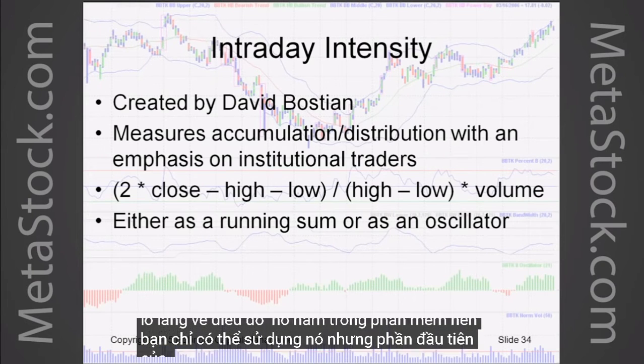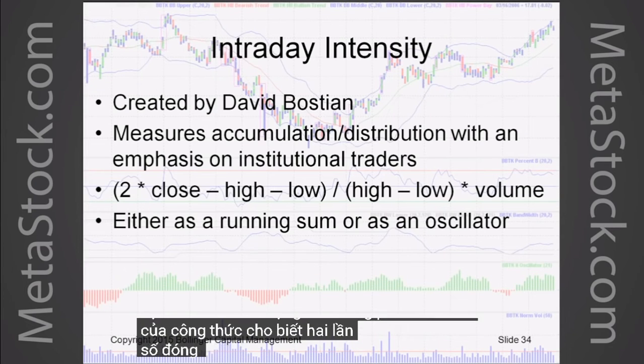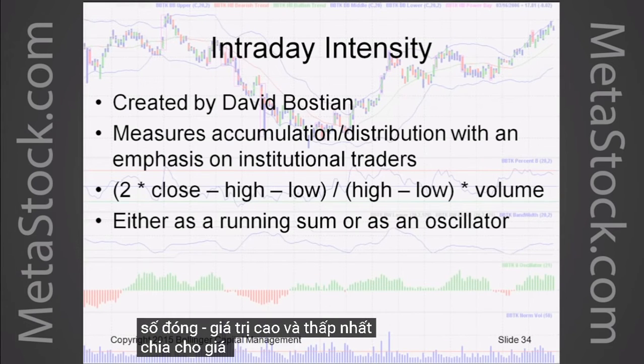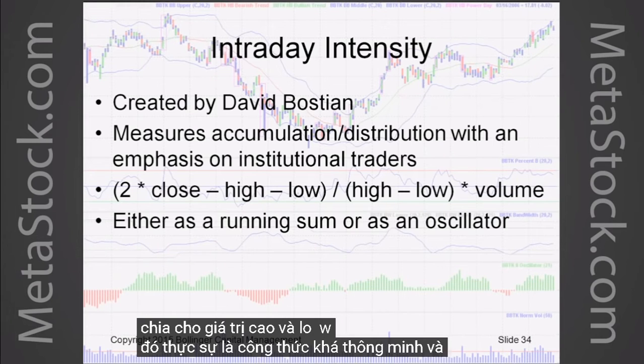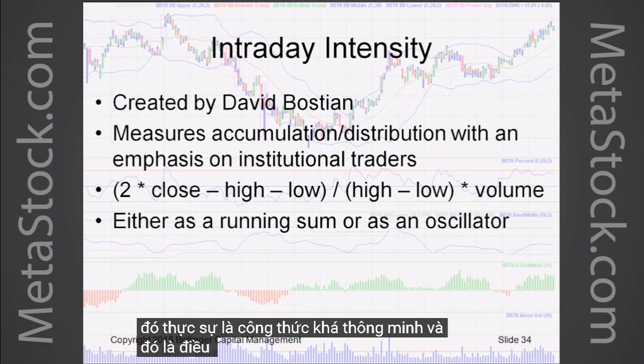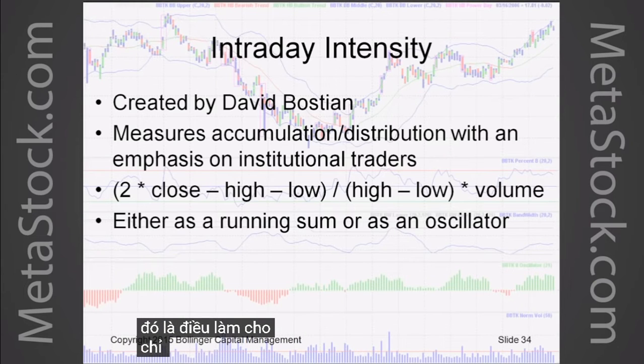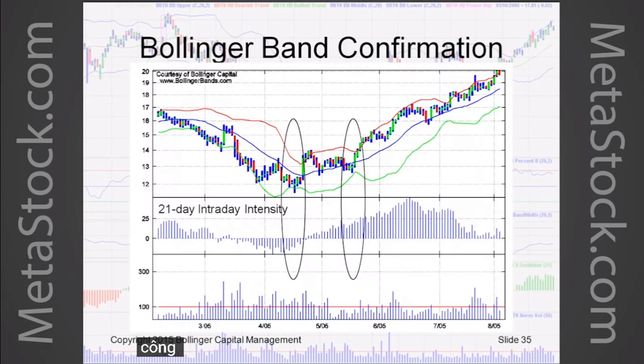But that first part of the formula that says 2 times the close minus the high and low, that quantity divided by the high and low, it's actually a pretty clever formula, and it's what makes the indicator work. The indicator can be presented either as a running sum, as an oscillator, as you see down in this area of the chart, or as an open line.